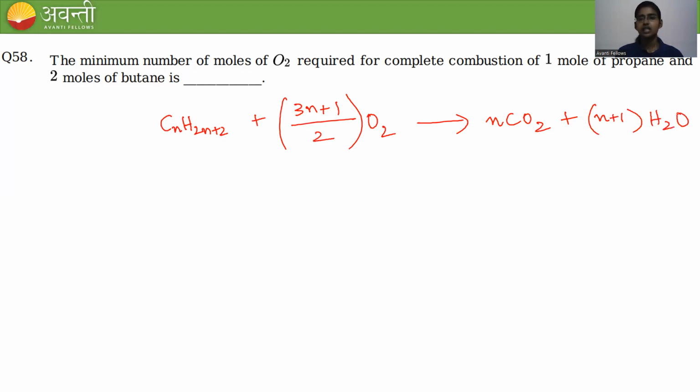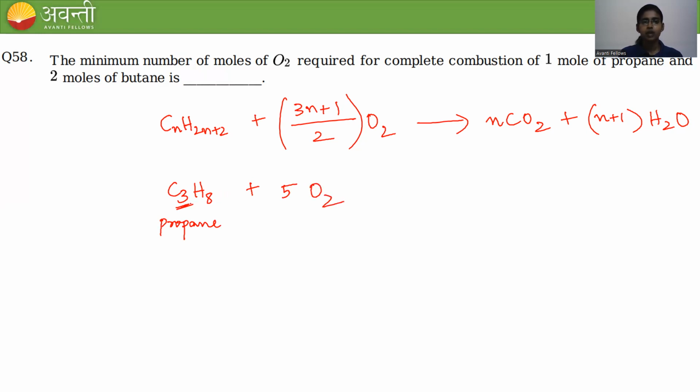Now we are doing this with propane and butane. For propane, the formula is C3H8 and the n value is 3. So 3 into 3 is 9, 9 plus 1 is 10, 10 by 2 is 5.